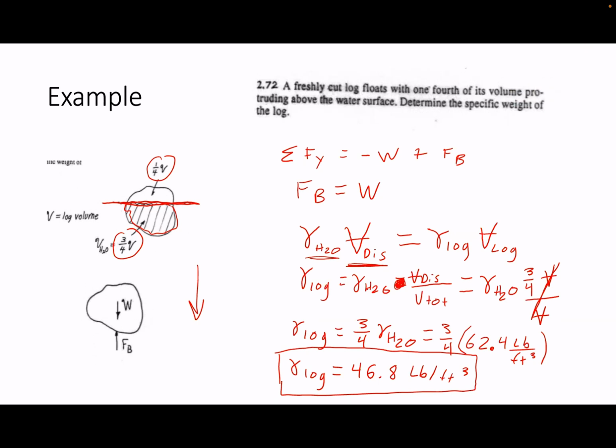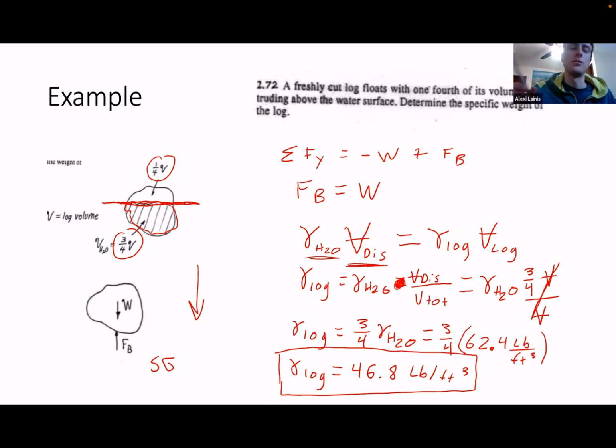Yeah. And also, is it always true that specific gravity times the specific weight of water would equal the specific weight of the object? Yeah, that's the definition of specific gravity. I think you might have been taught that it's the relation between the density of an object and the density of water, while the specific weight is just the density times gravity.